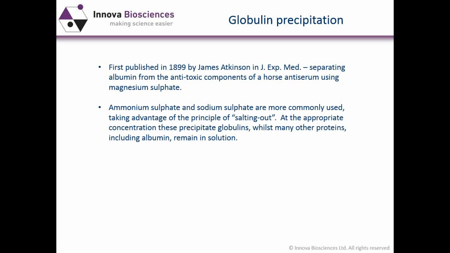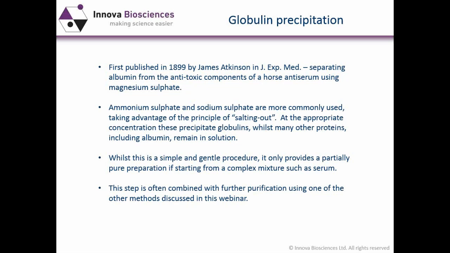When you get to about 50%, the globulins or the immunoglobulins are precipitated out of solution, and many other proteins, including the protein that is of highest level as a contaminant, being albumin, that remains in solution. So effectively, by adding ammonium sulfate at a particular concentration, you can purify, or at least partially purify, immunoglobulin away from the major contaminants in the serum that you're working with.